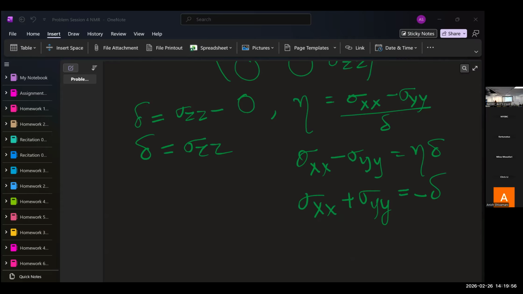Not sure, I maybe got this wrong. Was the asymmetry defined as X minus Y or Y minus X? X minus Y, I believe. Okay, so I have this right.